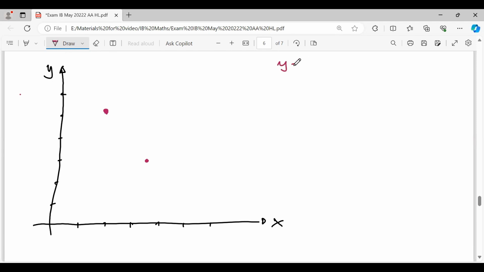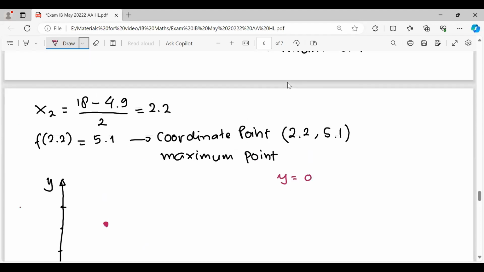When y equals 0, it means x cubed minus 9x squared plus 25x minus 17 equals 0.